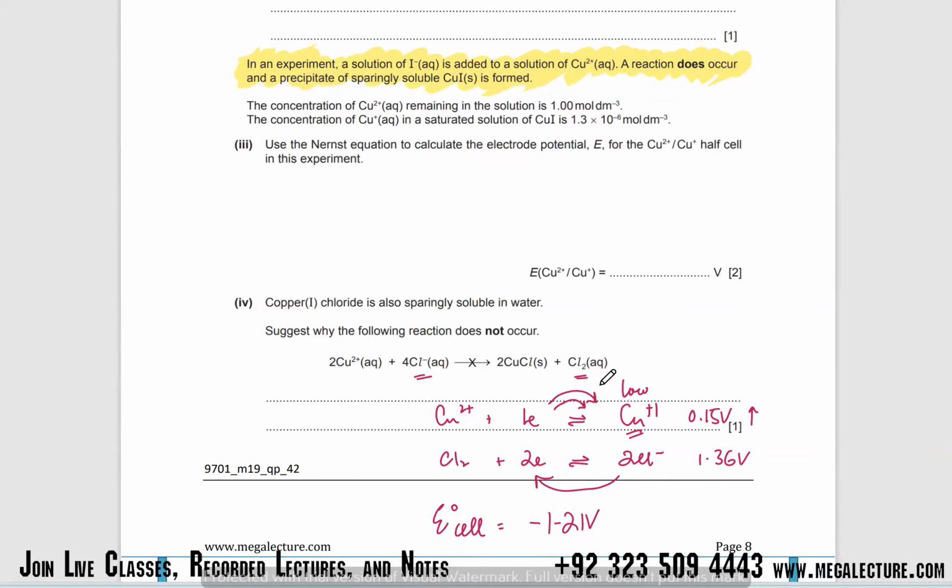No. It depends on the difference, right? Like even if I change the concentration, the difference between the two values is a lot. The E0 cell is too negative. That means it's too unfeasible. So you can't really change the E0 cell this time. You can't make it positive because the gap is too much. TK, is this clear?